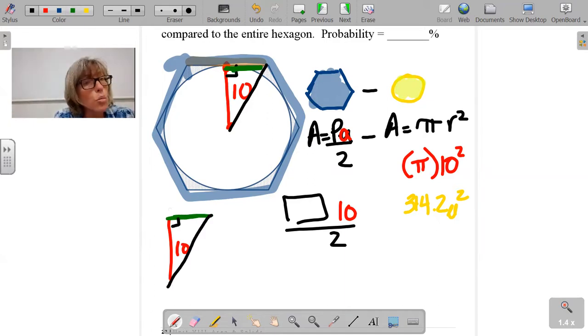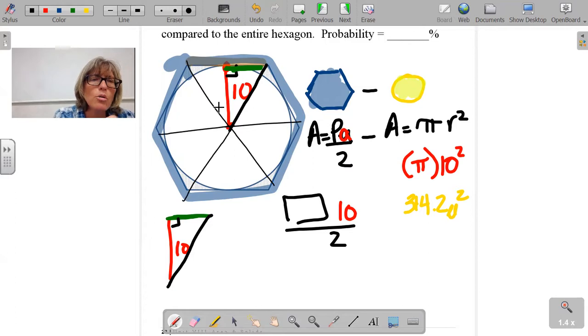We need an angle to work with. So we're going to draw in our pizza slices. You're like, oh no, not this again. That's 360 divided by 6 pizza slices. 1, 2, 3, 4, 5, 6. 360 divided by 6 is 60, which means this little piece here is 30.